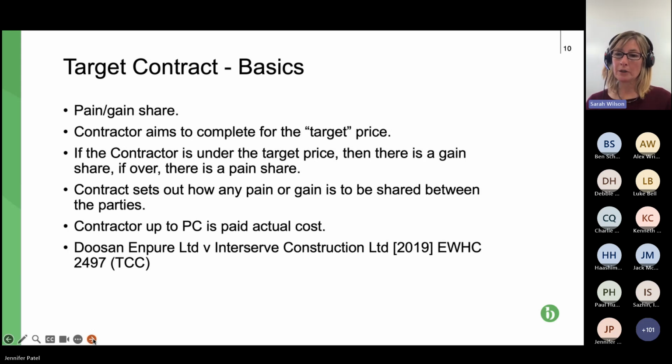So we'll come back to how you work out what it has cost as compared to the target price, which of course is the activity schedule, stroke bill of quantities plus compensation events. So practical completion, it's the first sort of provisional assessment by the project manager. And then the final assessment by the project manager is at the end of the defects period.